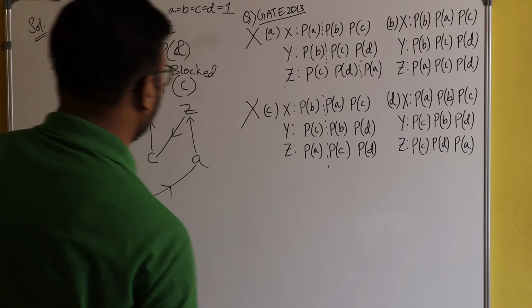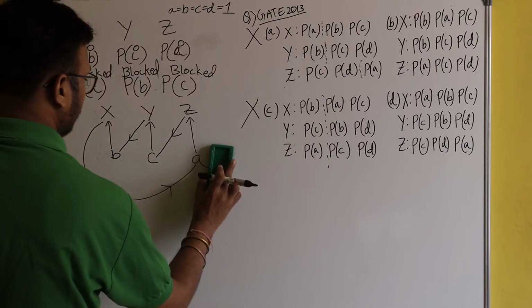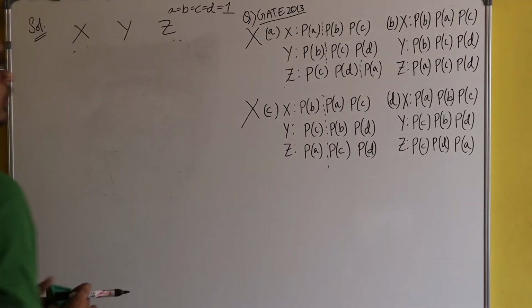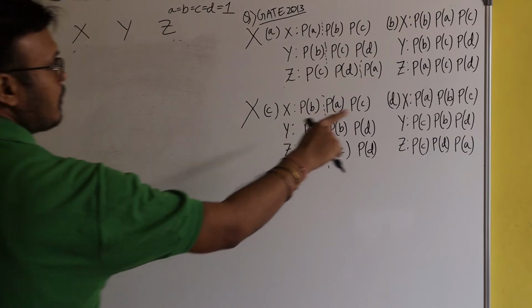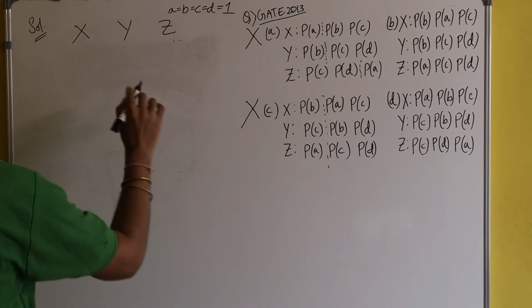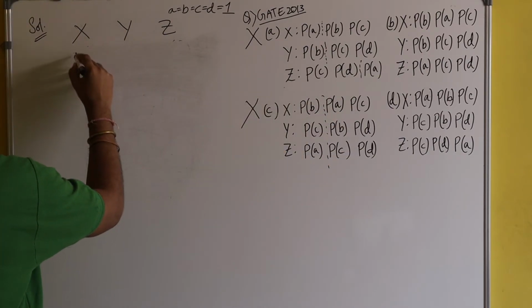Let's try option D. In option D, just see, process X means PA.